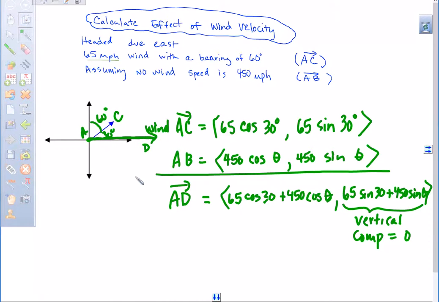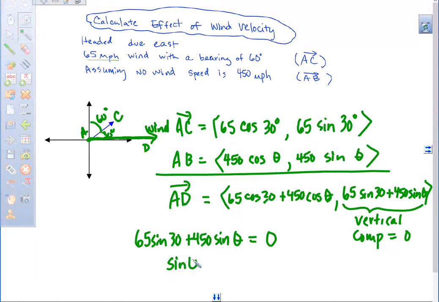I'm not headed north or south. So this is 0. So what I can do is take this part and set it equal to 0. Okay, and sine of 30, well, let's go ahead and solve for sine of theta.